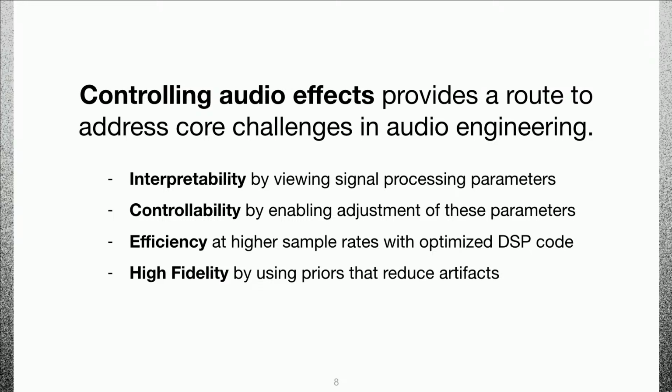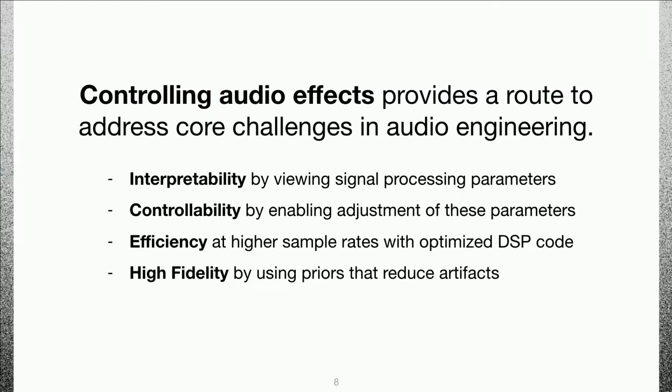So one big thing is we get interpretability, right? So we can see what the neural network is doing to the control parameters of the DSP, and we can understand at least what is going on instead of having a black box where we have no idea what's happening. Another thing is if we don't like what's happening, we can intervene and control it ourselves because it's still human readable and still interpretable. So this is another really beneficial part.